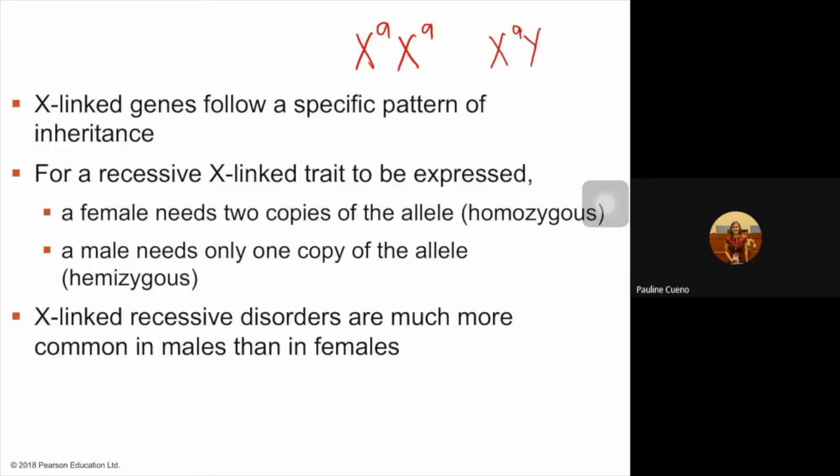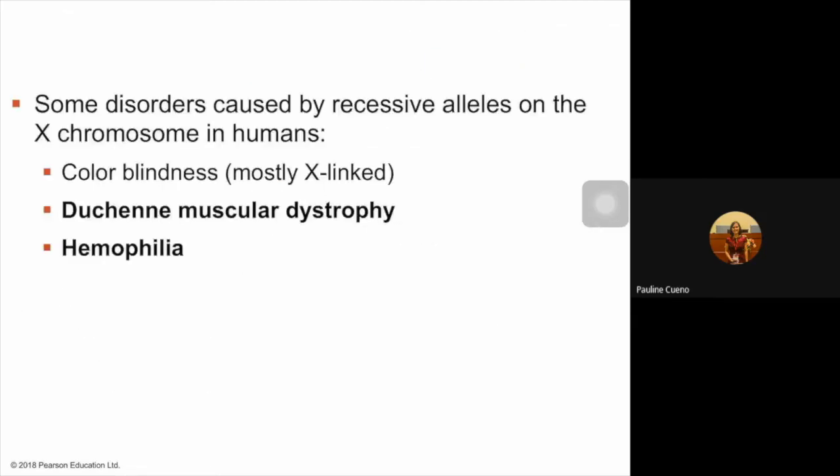Ang isang example dyan is baldness, tapos color blindness. Some disorders caused by recessive alleles on the X chromosome. So, as I have said earlier, color blindness. And then for the Duchenne muscular dystrophy, this refers to a muscular disorder wherein hindi okay yung limbs na individual. And then for hemophilia, this has something to do with your platelets or your blood clotting mechanism.